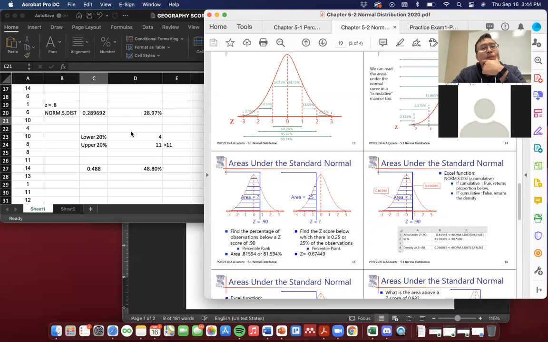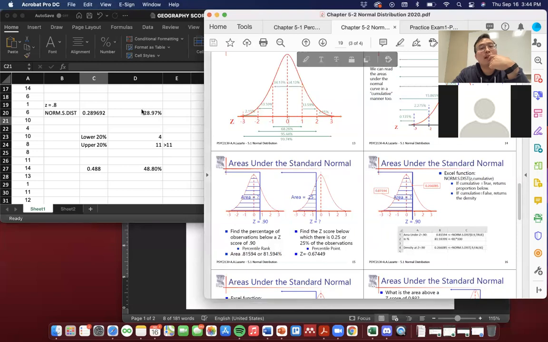So I assume that when we are above the 0, Excel will give us the cumulative of everything below that. But it seems to only give you the percentage between 0 and that point.